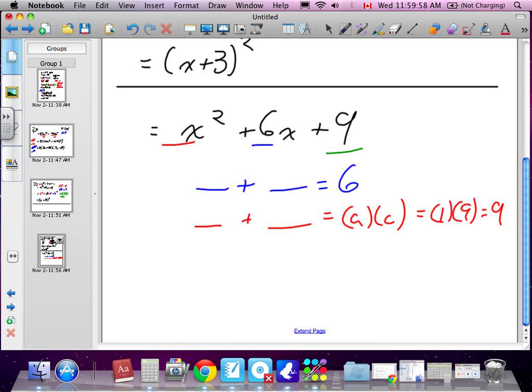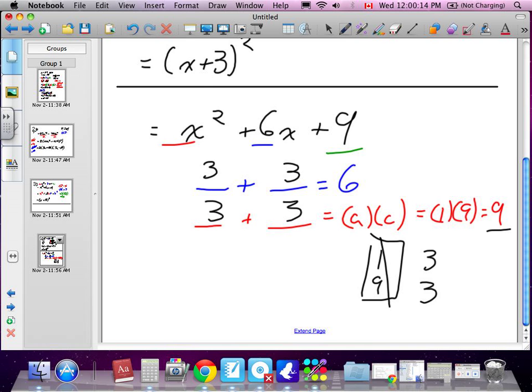So we need two numbers that add to 6 and multiply to 9. What are they? 3 and 3. Now technically we would have to go through the factors of 9 to solve this, which are 1 and 9, 3 and 3. Clearly 1 and 9 don't work, so we know it's 3 and 3. So we put 3 and 3 in.